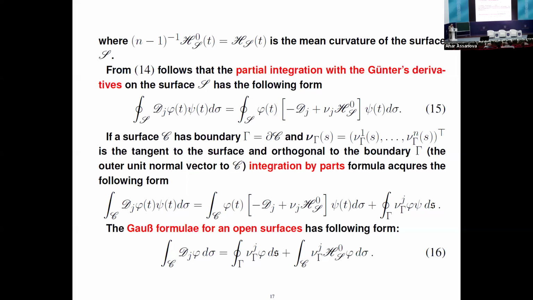It's just as the Gauss formula, but the normal derivative to the boundary appears, and the normal vector field to the boundary which I was speaking about, and also this curvature appears. And the Gauss formula on the surface has this form 16: the first summand is as in the classical Gauss formula in Rn, in a domain, but it has an additional term, expressed with the help of the mean curvature.